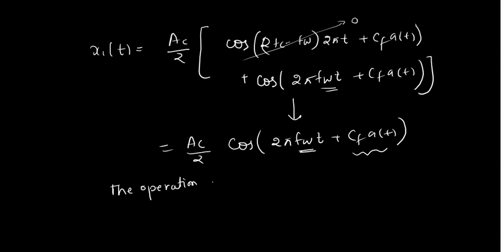There is one interesting point to notice here. Since you are passing it through a band pass filter, if these are two cosine terms, this is an FM signal rather. This FM signal will have some bandwidth around 2Fc minus Fw.